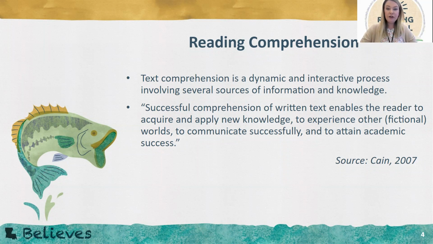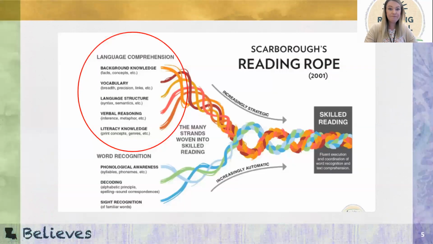Successful comprehension of written text enables the reader to acquire and apply new knowledge, to experience other fictional worlds, to communicate successfully, and to attain academic success. And this was a quote by Kate Kane, who's an expert in reading comprehension. And it just speaks to how important reading comprehension is, not just in school, but as a lifelong practice.